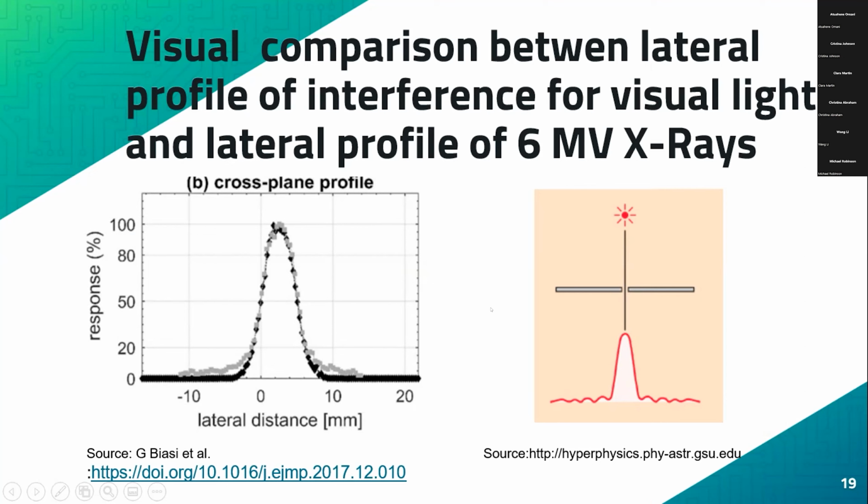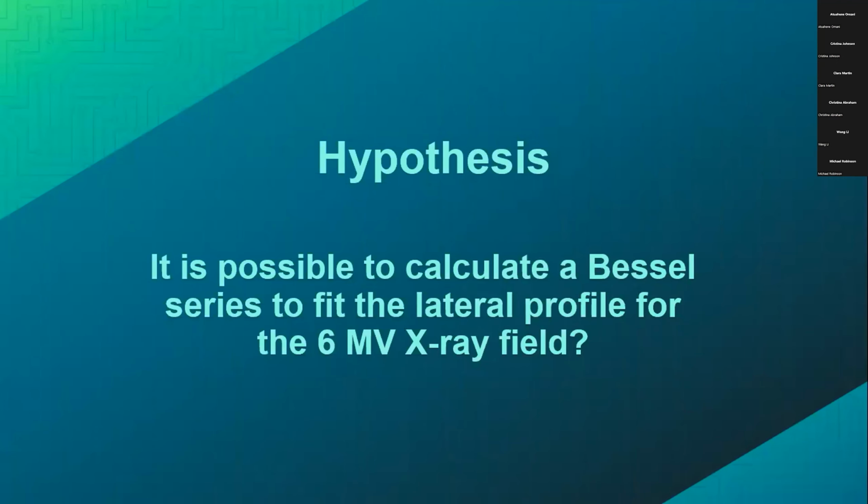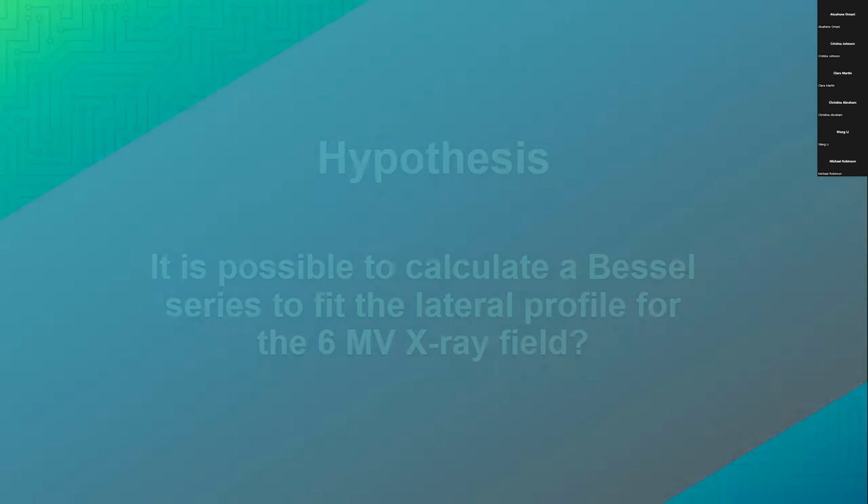Then they are similar, and we have the hypothesis: it is possible to calculate a Bessel series to fit the lateral profile for a 6 MV X-ray field. We know that Bessel series are used for the Fresnel-Fraunhofer model, and they explain light, and we take this universal method to X-rays.